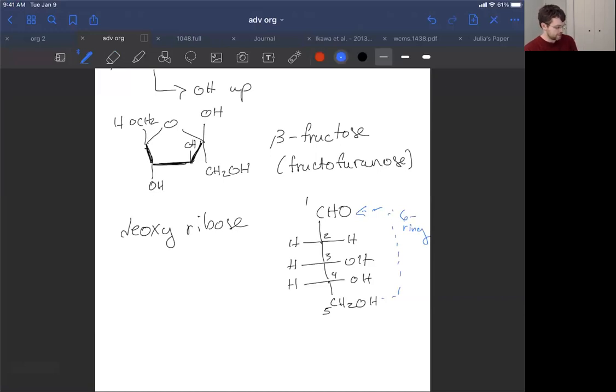I think it says here you get about 23% of that 5-membered ring versus 75% of that 6-membered ring. But if we connect instead at C4 to the carbonyl, which is the aldehyde, we make the 5-membered ring. And the 5-membered ring is where we see all of the applications, and the open chain form can fill in the rest. So the 5-membered ring is where we see the major applications.